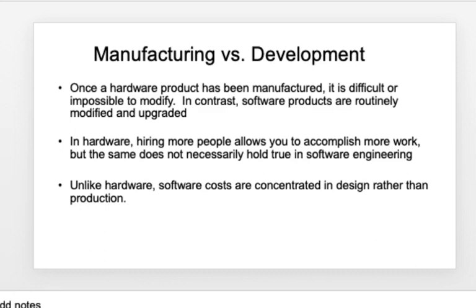I have talked about this in the video lecture titled Introduction to Software Engineering. Unlike hardware, software costs are concentrated in design rather than production. This shows how hardware is different from software.